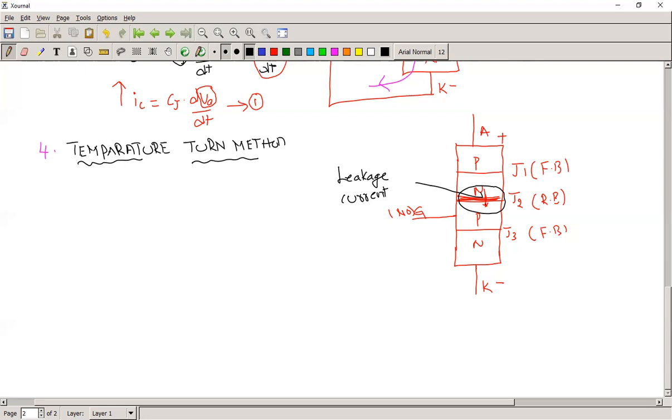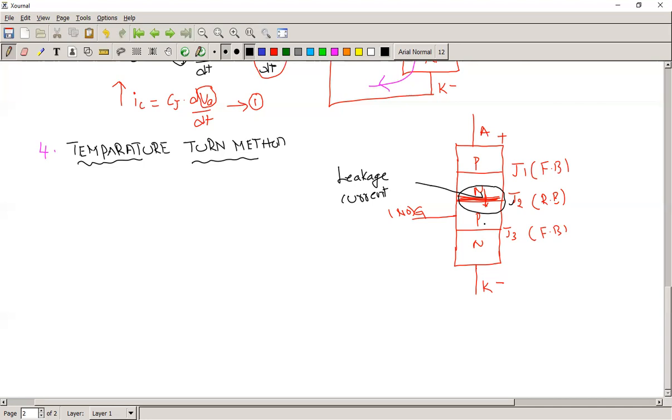At one particular value of the temperature, the leakage current is enough to vanish the junction J2. Once the junction J2 vanishes, the device goes to the on state. This type of turn-on method is nothing but a temperature turn-on method.